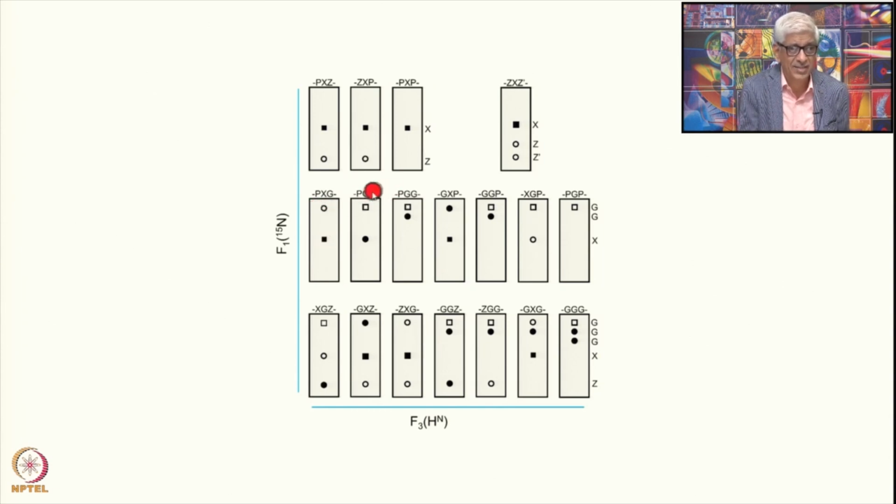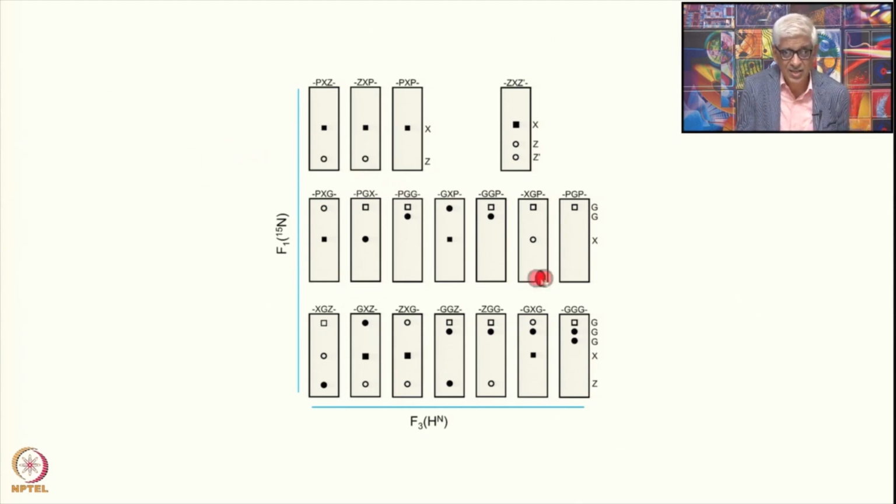If it is P G X, that means the glycine is in the middle, then you will have the square on the top, but this will have a negative sign. Unlike this X, which has a positive sign, the glycine self peak will have a negative sign, and everywhere there is a glycine in the middle, it has a negative sign. This is an extremely useful factor because you immediately figure out where you are along the polypeptide chain.